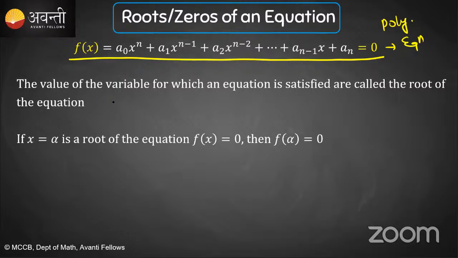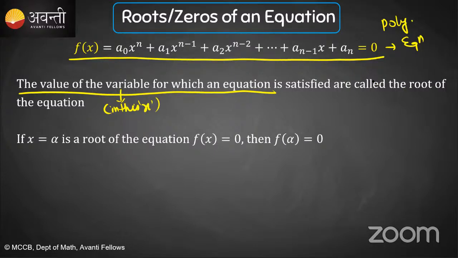So what does it mean when I say roots or zeros of an equation? It means the value of the variable, in this case x, for which an equation is satisfied is called a root of the equation.